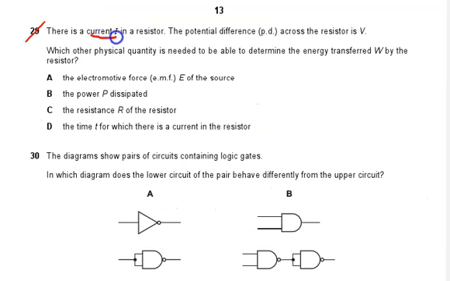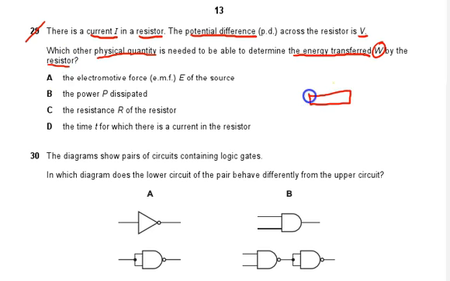There is a current I in a resistor. The potential difference across the resistor is V. Which other physical quantity is needed to be able to determine the energy transferred by the resistor?